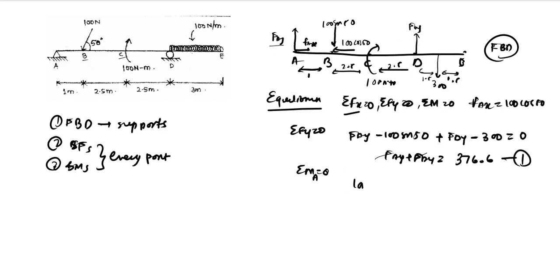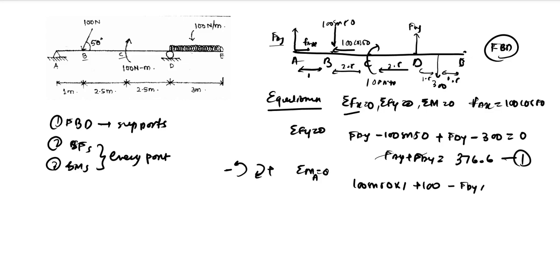We have 100 sin 50 into 1, which is clockwise. Clockwise moment will be positive and anti-clockwise moment will be negative. And 100 sin 50 into 1 is clockwise, so that is why it is positive. We have an anti-clockwise moment of 100 Newton meter at C. Sorry, it is a clockwise moment, so we'll just add 100. And we have FDY, because of which there will be an anti-clockwise moment.